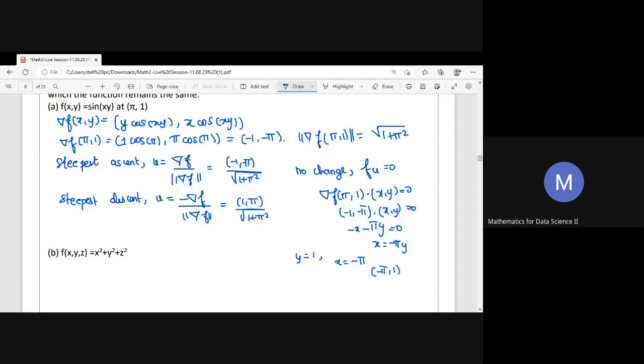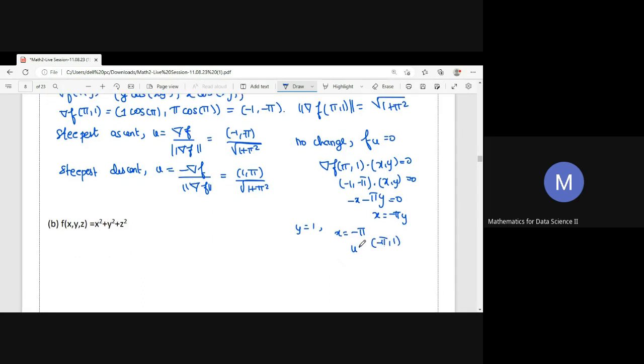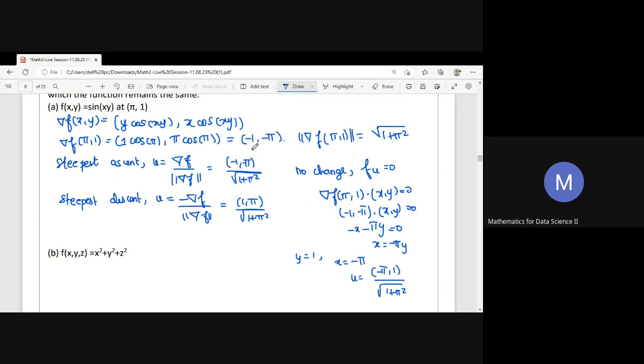And remember you should always consider the unit vector. You see that this is orthogonal to the vector del f of (-pi, 1). You just multiply: the first, -1 into minus pi is pi, so pi minus pi is 0. So you see these two vectors are orthogonal.